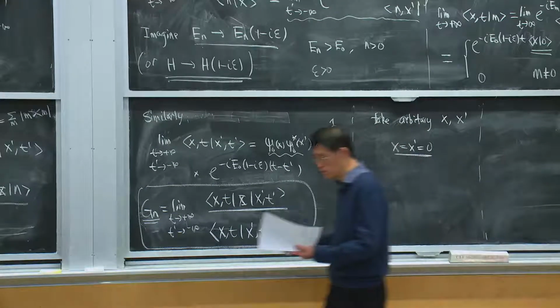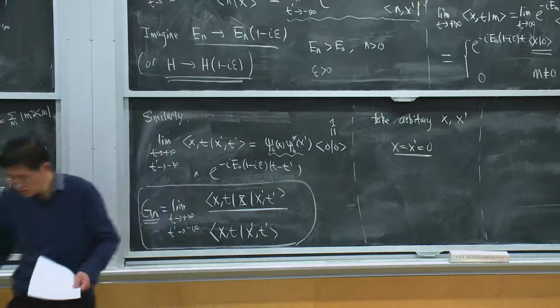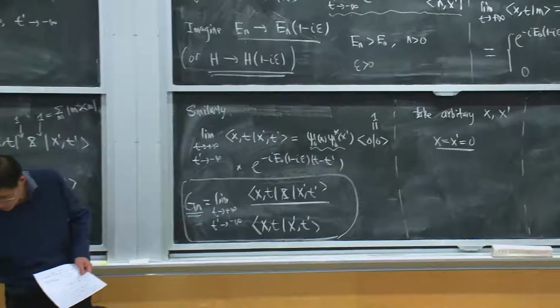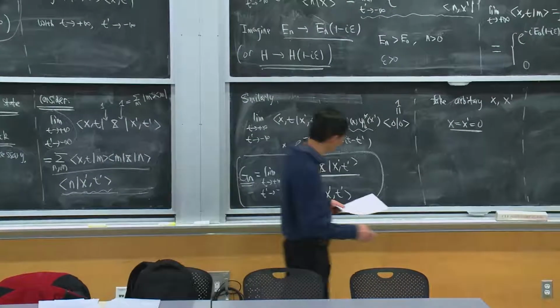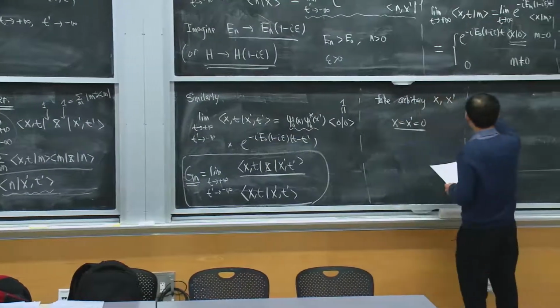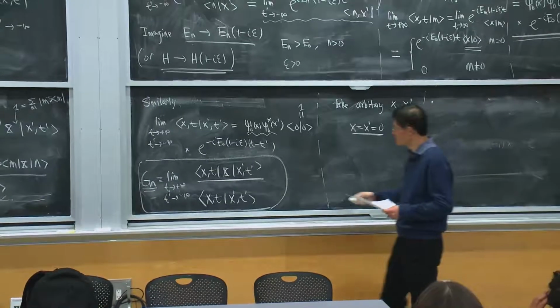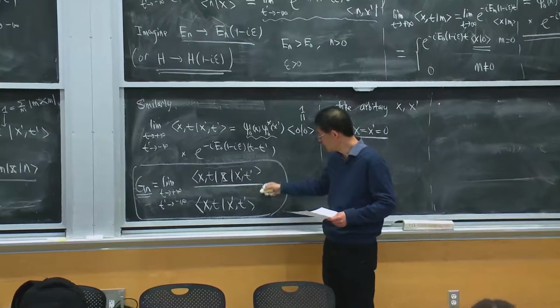There's one more trick we have to do. Okay, sorry, there are too many tricks. There's one more trick we have to do. So now we have told you how to calculate this guy for arbitrary x.